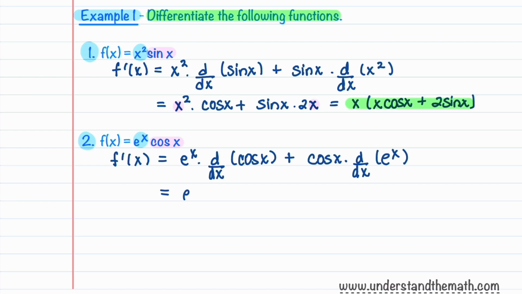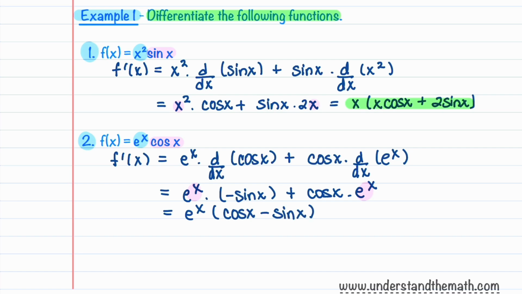We now have e to the x, the derivative of cosine x is minus sine x. And then we have cosine x times the derivative of e to the x, which is just e to the x. Notice that we have an e to the x term common to both terms, so we can pull that out in front. And we're left with e to the x times cosine x minus sine x. And that's our derivative.